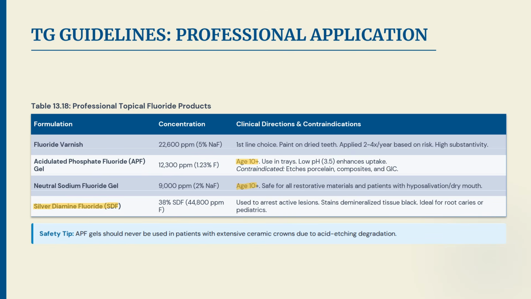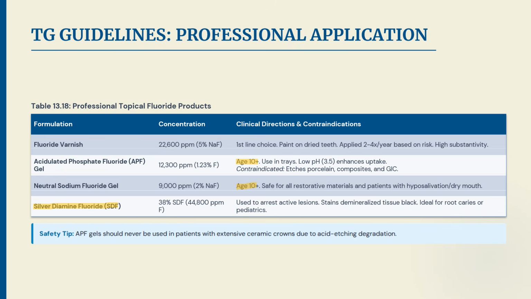Now the safe one is the neutral fluoride gel because it's neutral, 9000 ppm. Again, over 10 years old, and it's safe to be used on all dental materials. And it's also safe to be used in patients who are having a dry mouth.